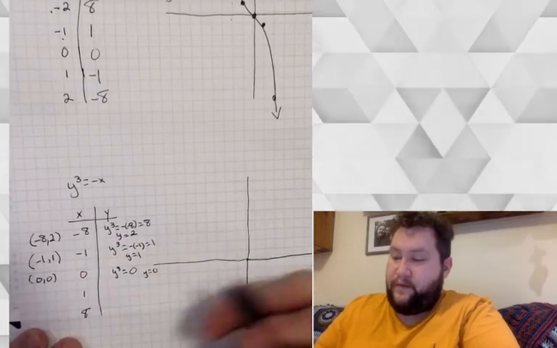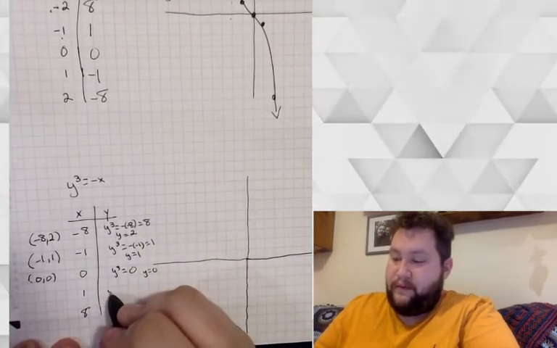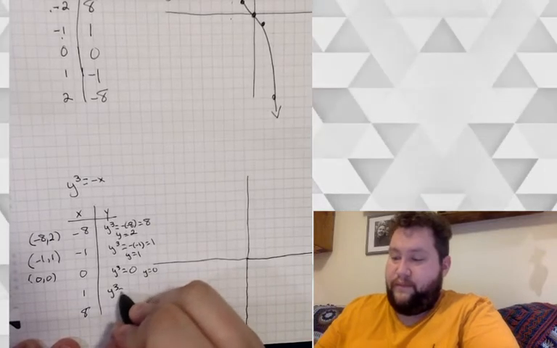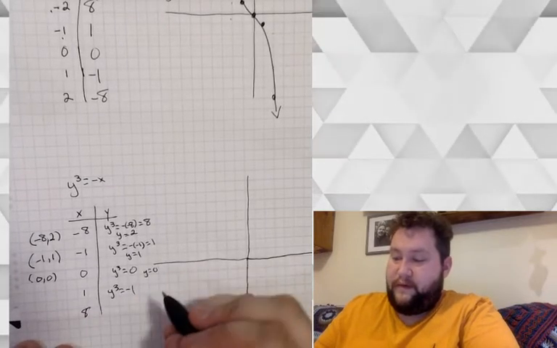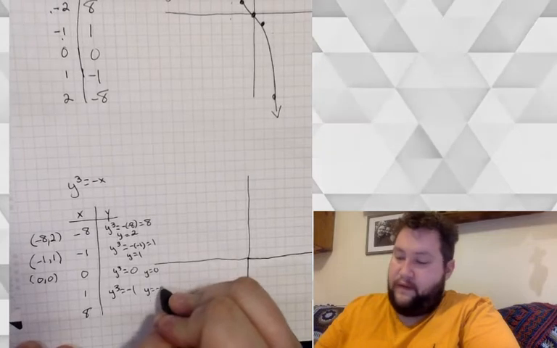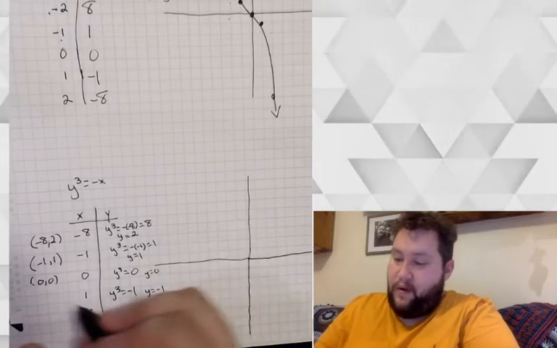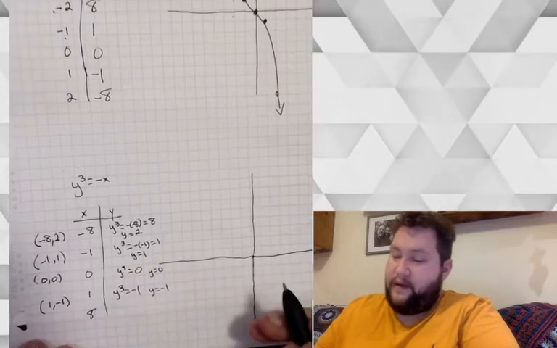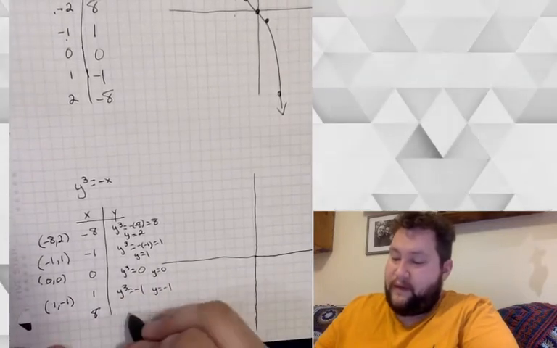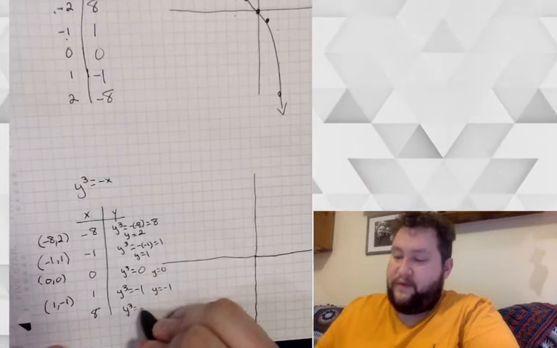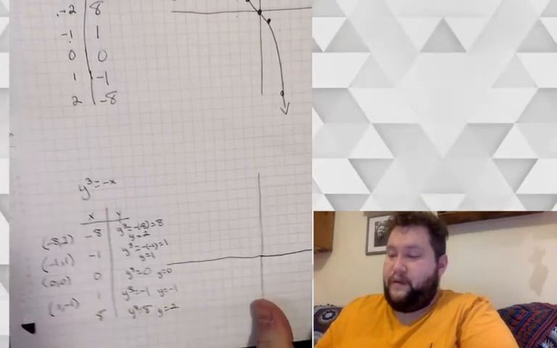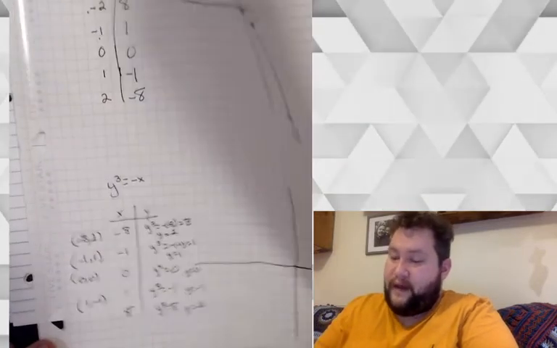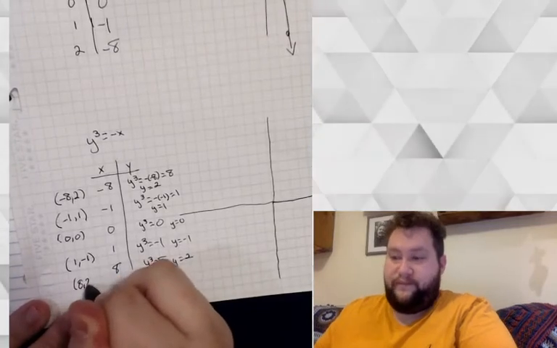When x equals 1, we have y cubed equals negative 1, which means that y is negative 1. So here we have 1, negative 1. And then our last one, y cubed equals negative 8, so y equals negative 2. So our last one here is 8, negative 2.